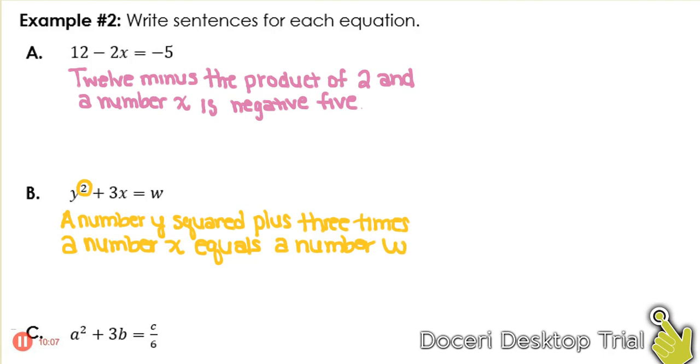And last but not least, we have C. Again, we see that number multiplied to itself. So we're going to say that that is a number a squared. This is multiplied to itself and has the exponent of 2.